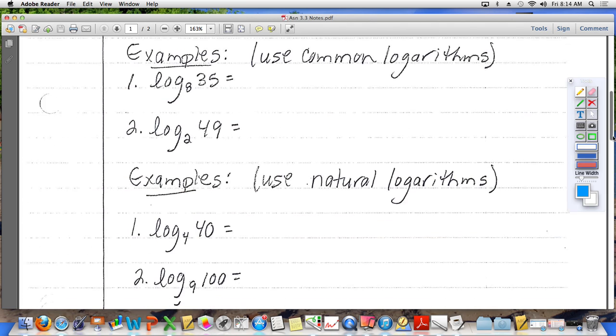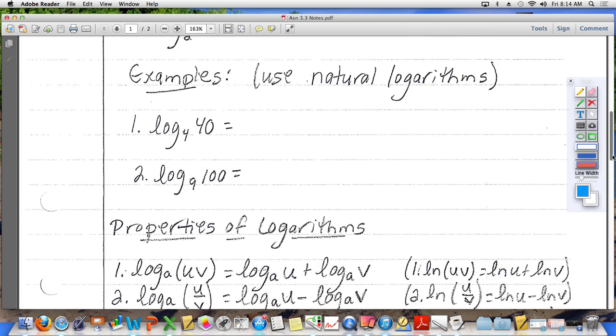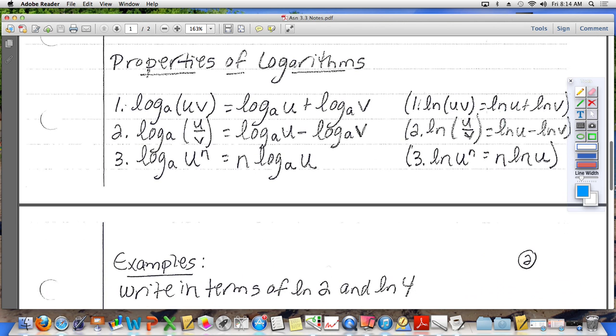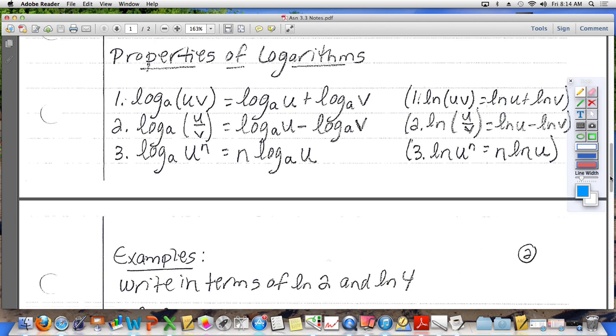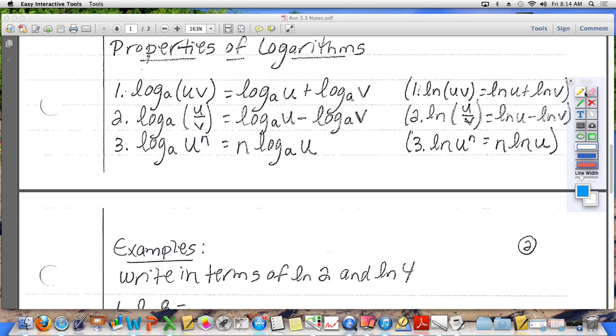Continued, we talked about the change of base formula, but now we're going to start talking about the properties of logarithms.